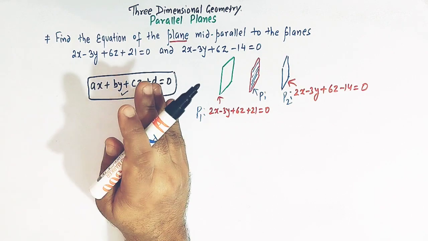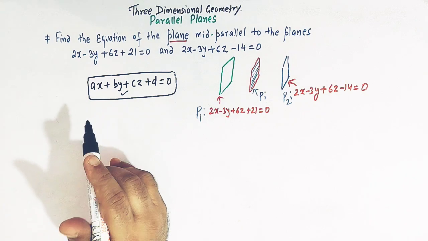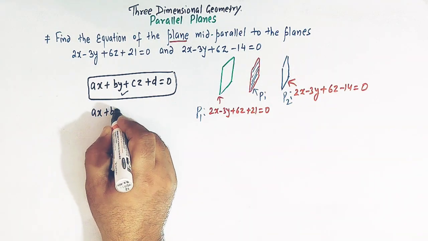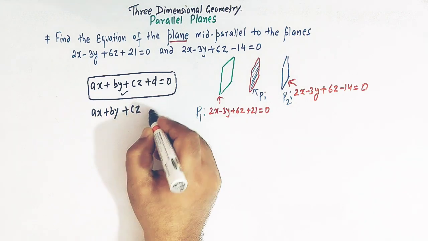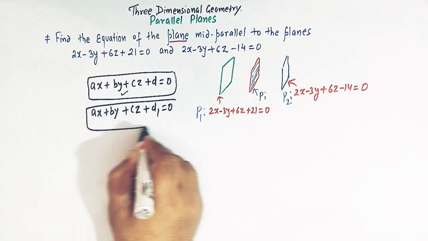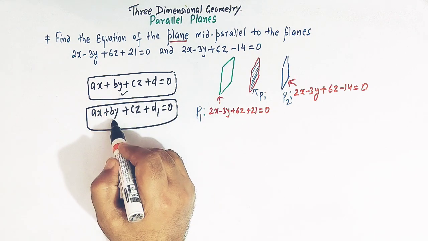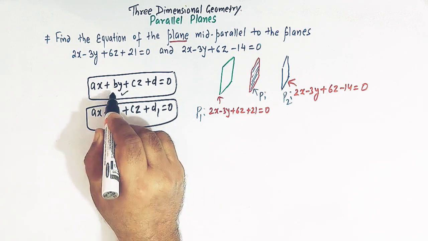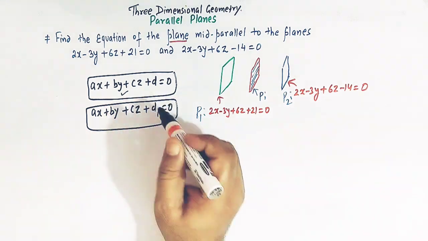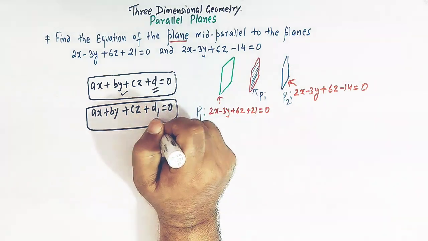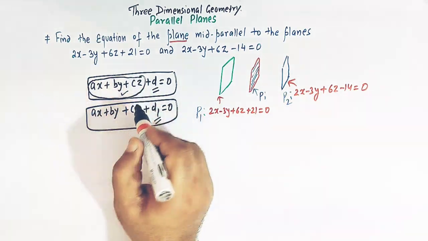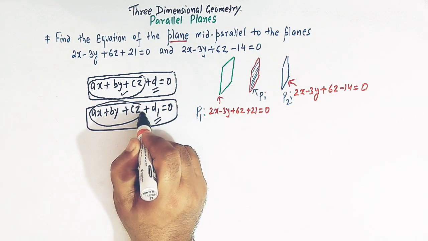So the equation of the parallel plane should be written like this, that is ax plus by plus cz plus d1 is equal to 0, right? So now if we closely observe these two equations, we can see that these two equations differ only in this constant, right? So this part is same in both the equations, right?